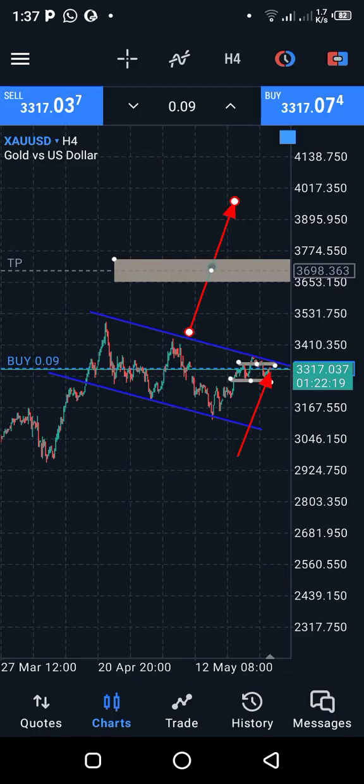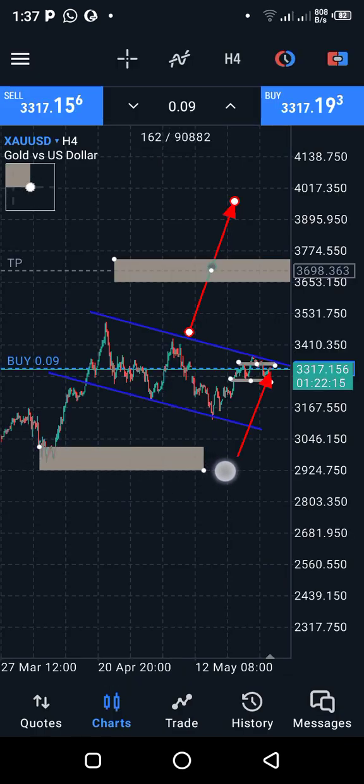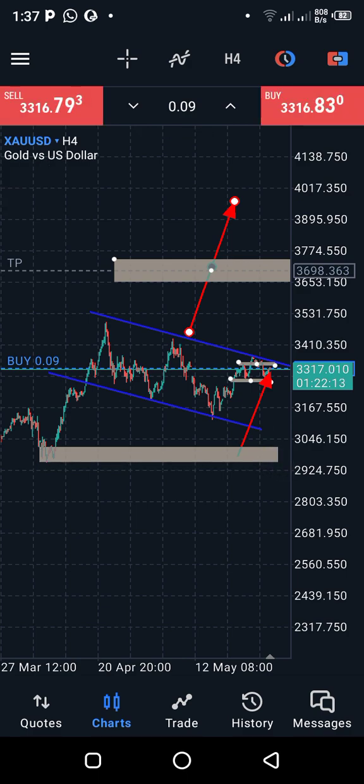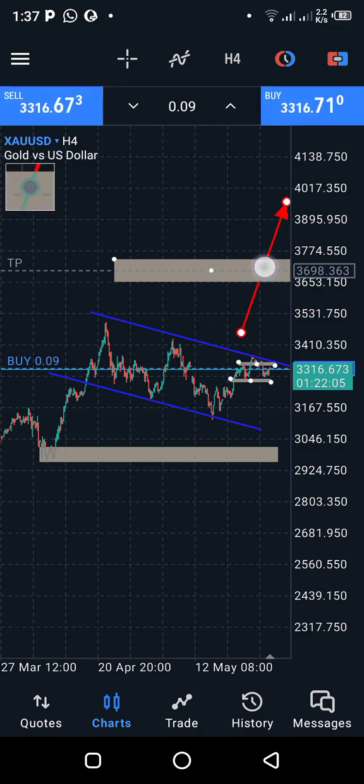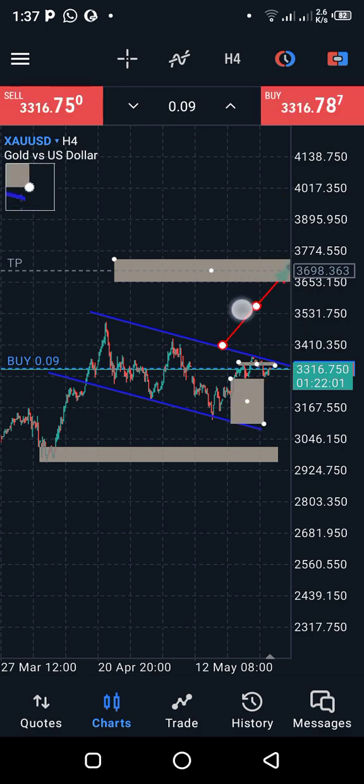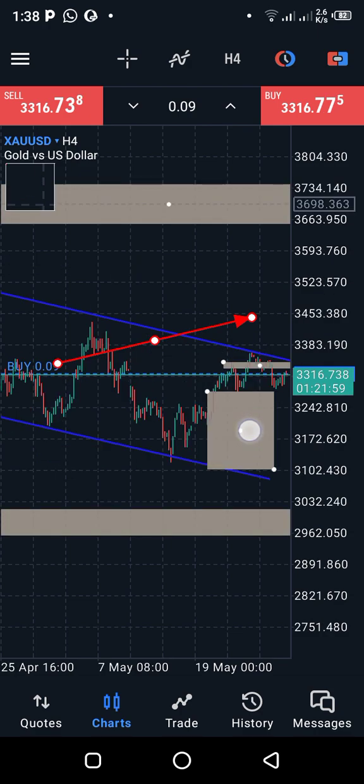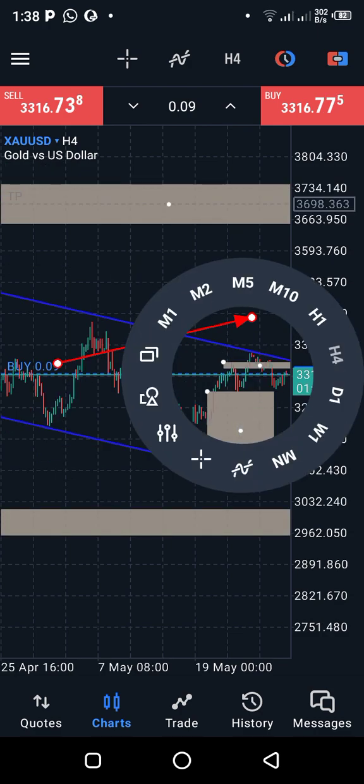This is the extreme demand zone. So there is a high chance that market can take off from this area and then continue going up, or it can simply just drop. Market can simply just drop all the way down to that zone there, can drop all the way up to here. So there's also that probability.